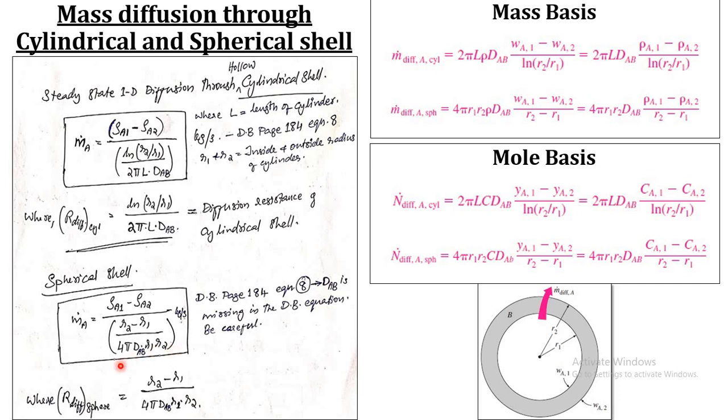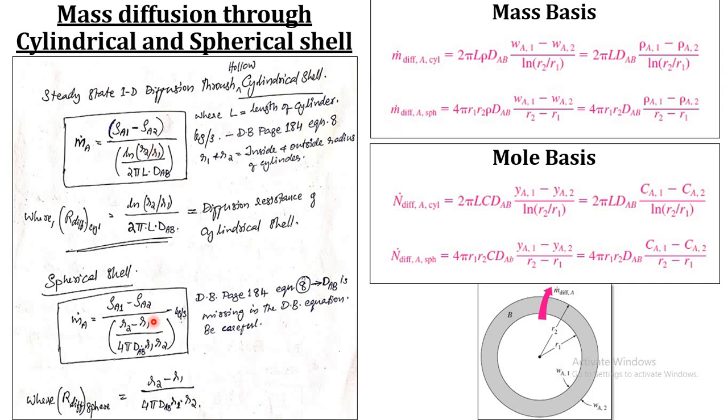So the denominator term is the diffusion resistance of the spherical shell, (R2 minus R1) by R1 R2. In the data book, page number 184, equation number 8, you can find this equation, but the term DAB is missing from the equation. So please keep it in mind.